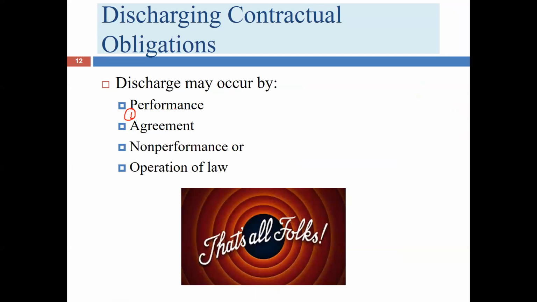We're going to talk about performance as being a way we can have discharge. We're going to talk about agreement of the parties as being a way to get to discharge. We'll also talk about non-performance. It's kind of odd that we can have performance as a means of discharge and also non-performance. And then finally, we'll talk about the operation of the law. These are our four ways to get to discharge. And we'll get a lot more granular about each one of these ways. So let's get started.